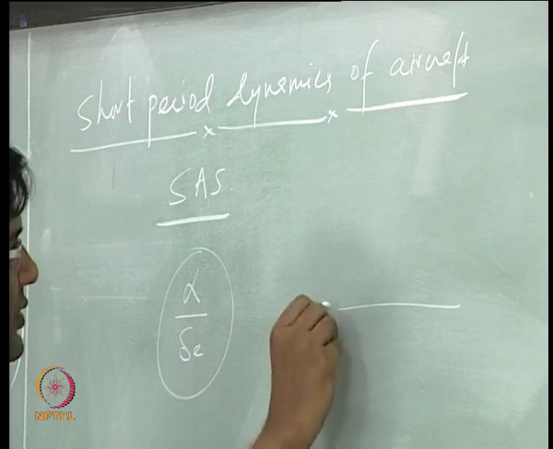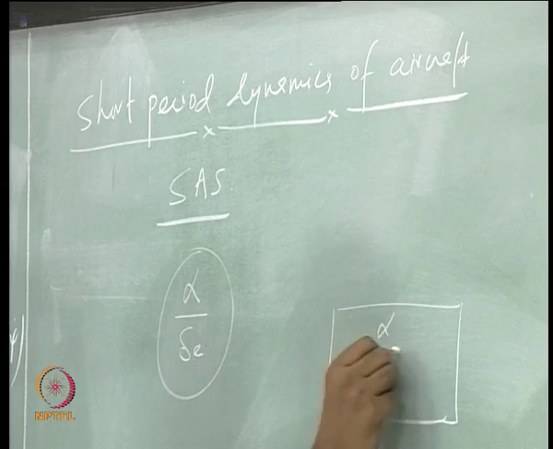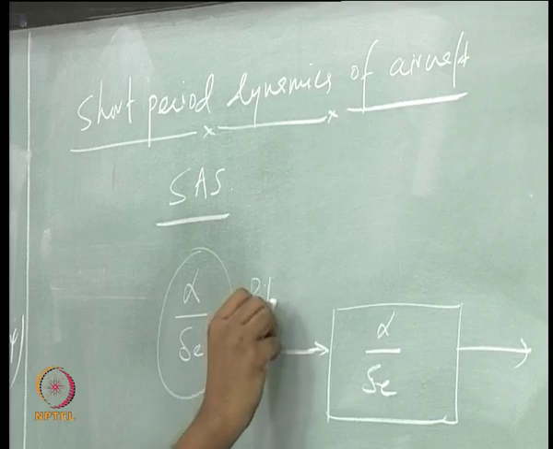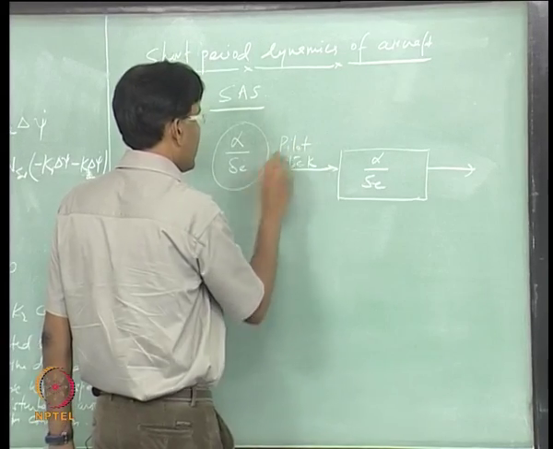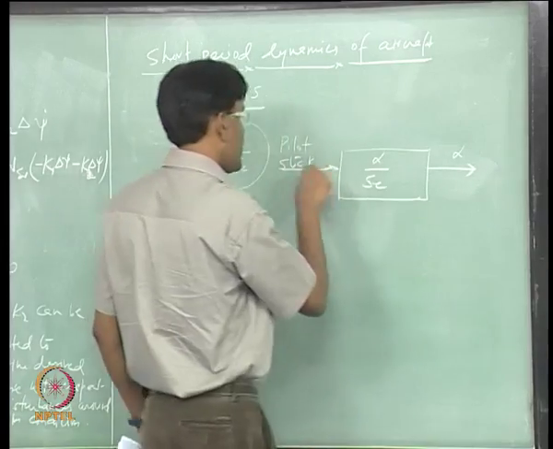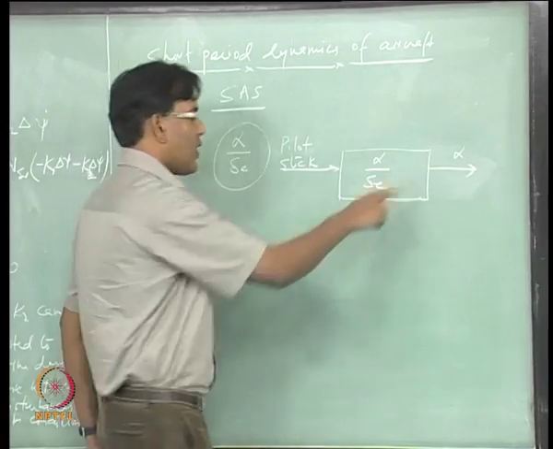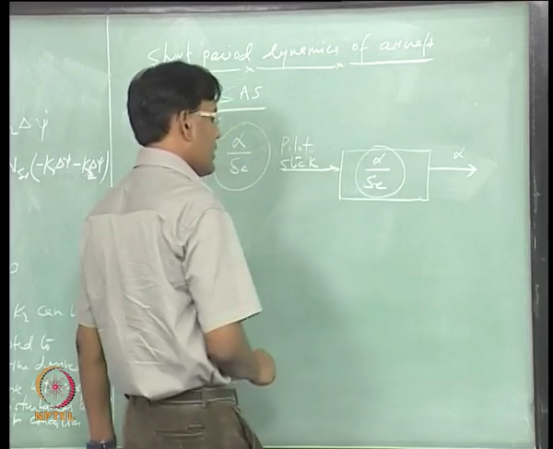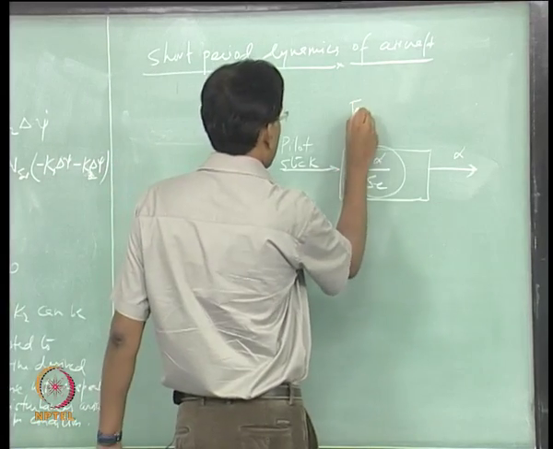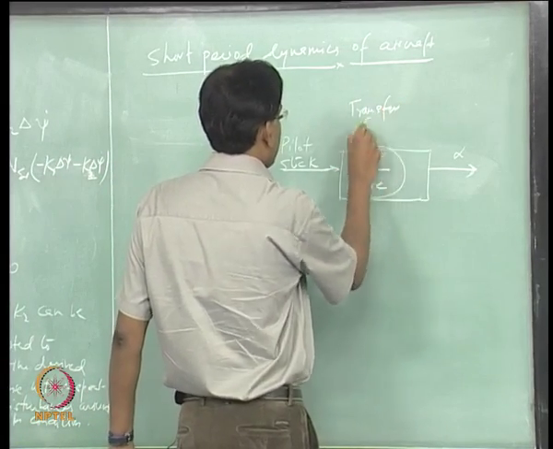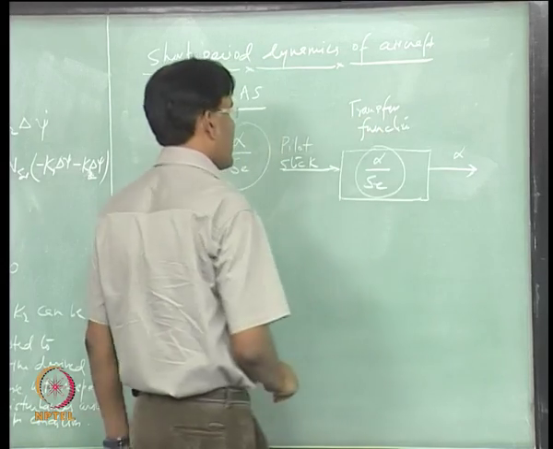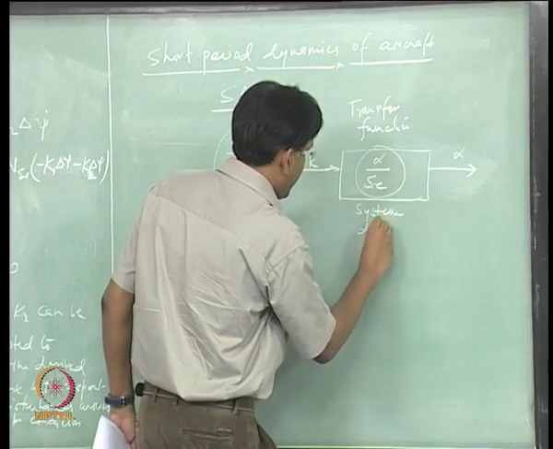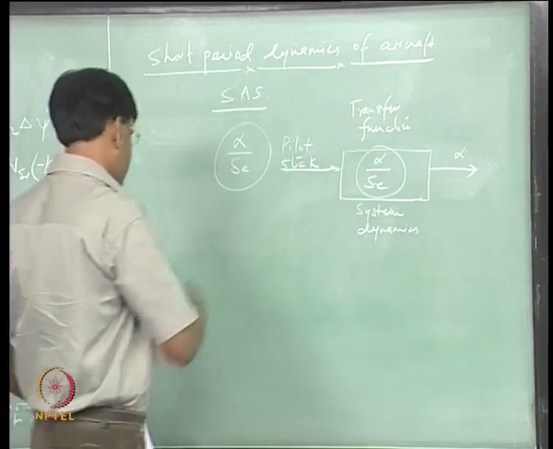So, in general, if you have an open loop and the pilot is using the stick which is giving the deflection elevator, the response is angle of attack which is governed by this ratio, which is called also system dynamics, which is alpha dynamics in this case.